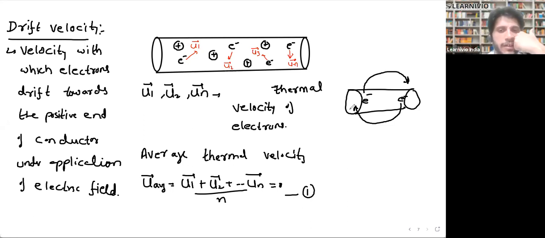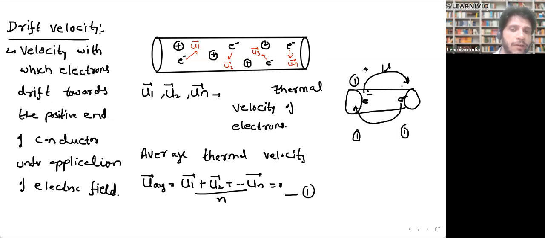Is there any net movement of electrons, Sania? No, sir. See, there is motion, but there is no net movement. The electron goes to the right and the other comes back to its place.